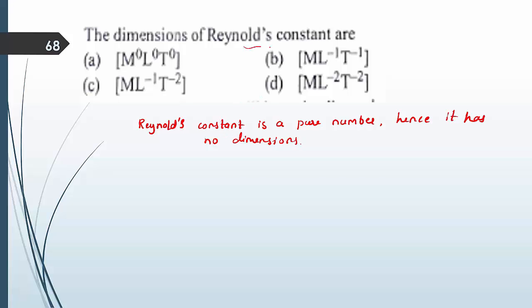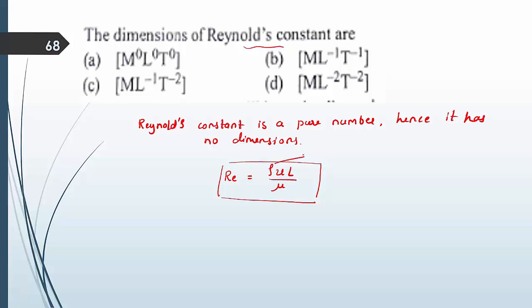So this constant number helps to predict the flow pattern in different fluid flow situations. That number can predict flow pattern in different fluid flow situations. This Reynolds number is generally given by the equation rho u L divided by mu. This is the equation for Reynolds constant.